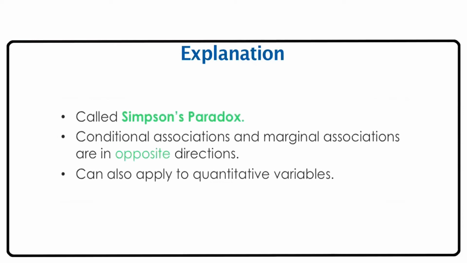The reason why such a paradox occurs is that we have a third variable which we are not really interested in per se, but which can affect our conclusions by being highly correlated with each of the 2 variables in which we are interested.